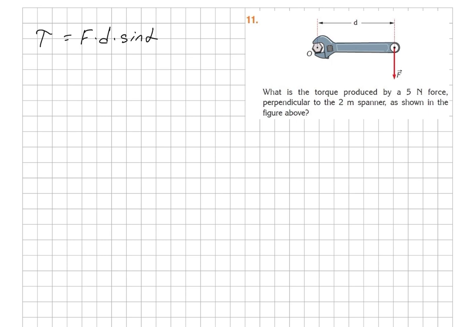Here the force is perpendicular to the spanner. That means the torque will be just equal to the product of force and distance: 5 newtons times the distance 2 meters. So 10 newton meters. That's it.